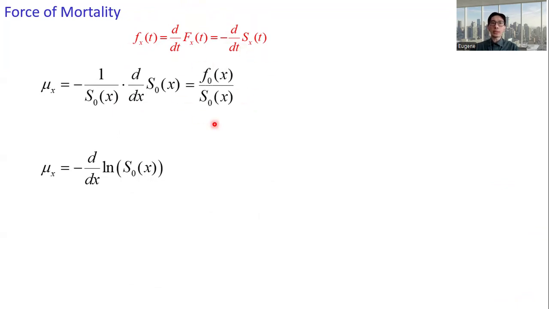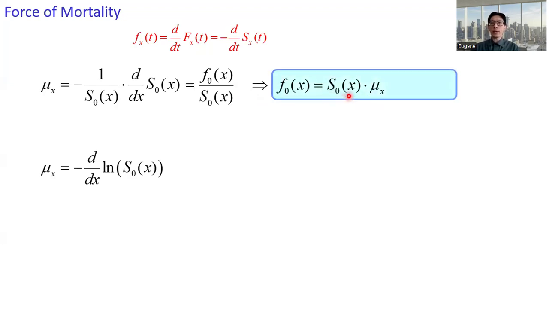Here, this can be rewritten as f0 over S0. And we can get the density function of a newborn, f0, equals S0 of x times mu x. In terms of actuarial notation, S0(x) is simply xp0.